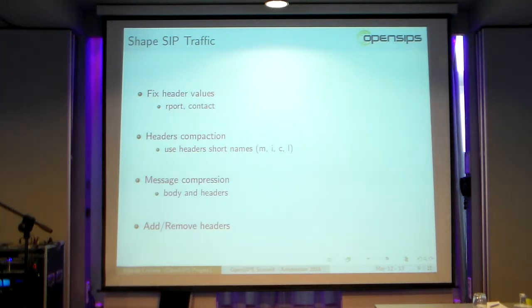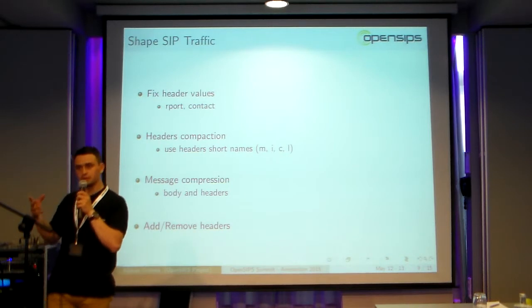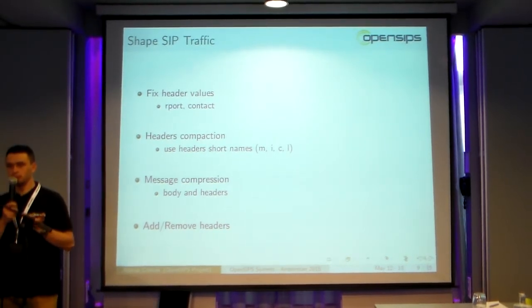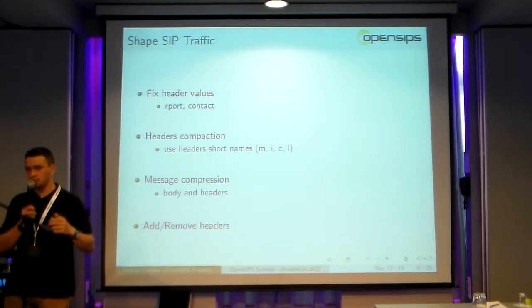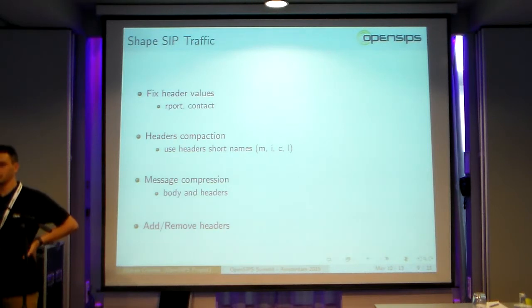Other questions? Go ahead. What is the quickest way to make the list of the mandatory headers and to instruct the proxy to compress all the rest, leaving uncompressed only the mandatory ones? Actually, this is supported, because the compression module has different functions. One is compress, and another one is compact. The compact function removes all the non-mandatory headers.